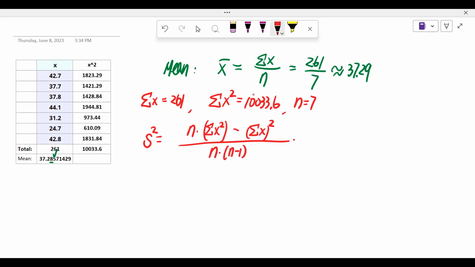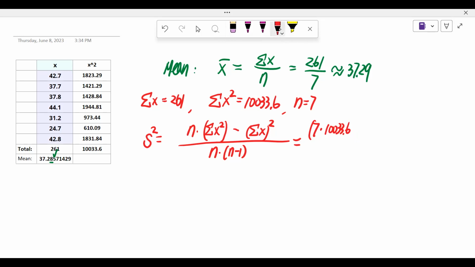Now using this formula, we can throw in our numbers. Sample size 7 times 10,033.6. Yeah, I think what I got confused with was that you were multiplying n times the total of x squared.